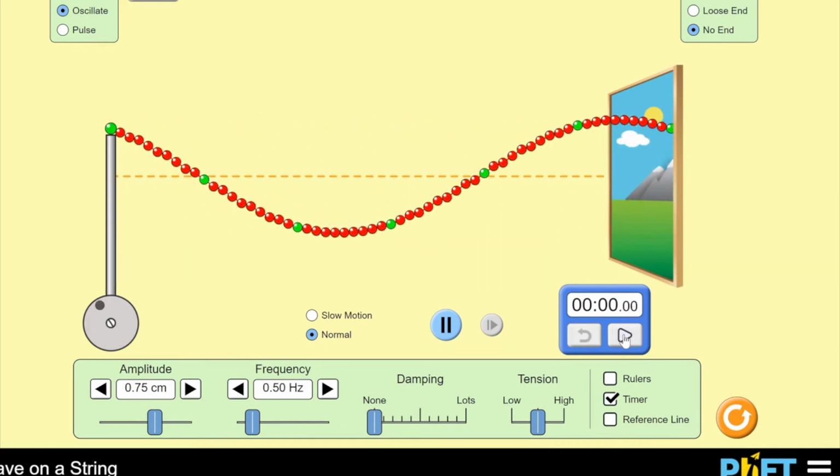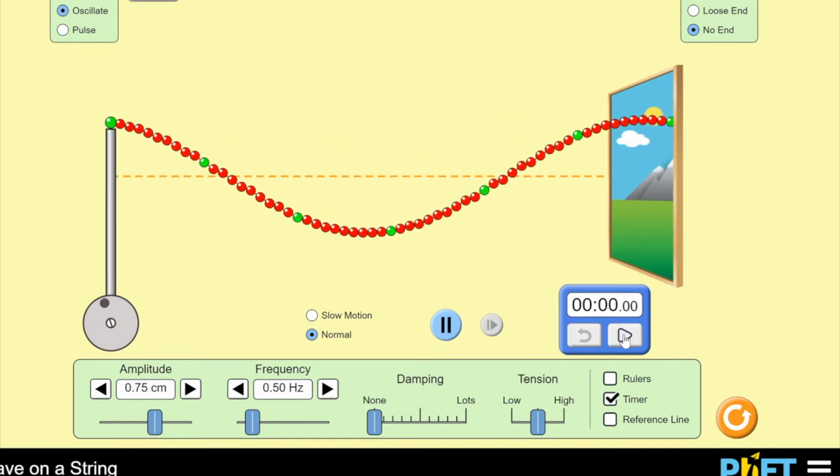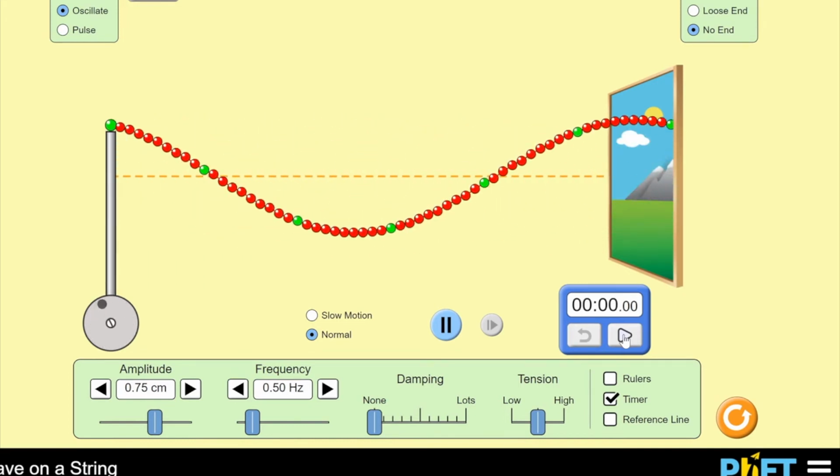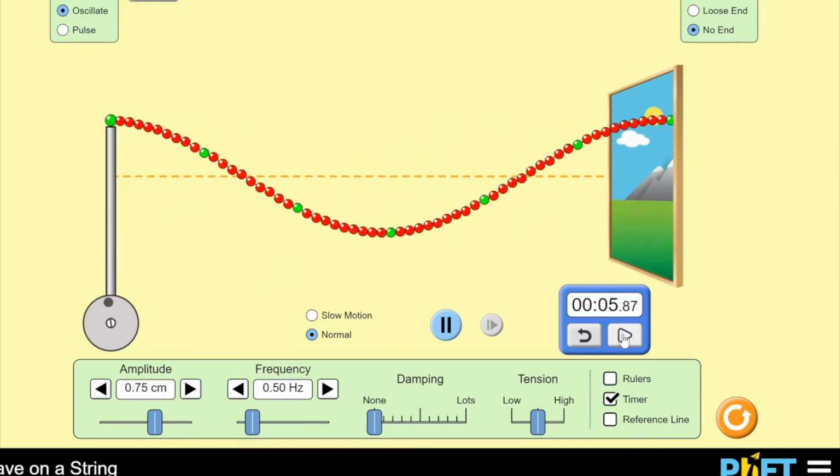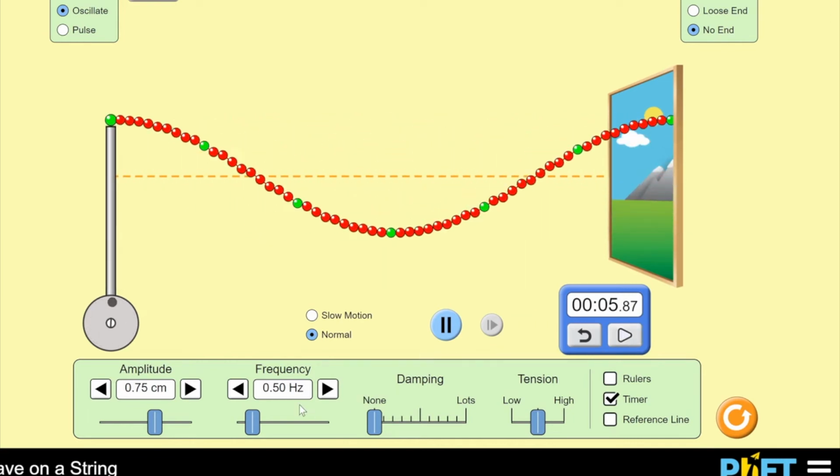We'll go up to 5 seconds and see how many waves we get in 5 seconds. 1, 2, it's 2.5. Okay, so we got 2.5 in 5 seconds. So that means we were getting half a wave, 0.5 waves per second.